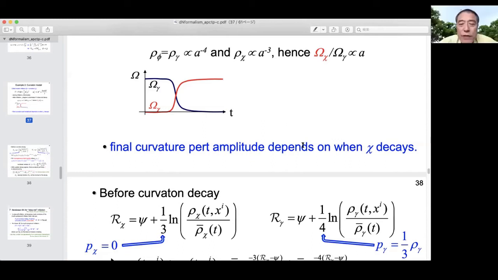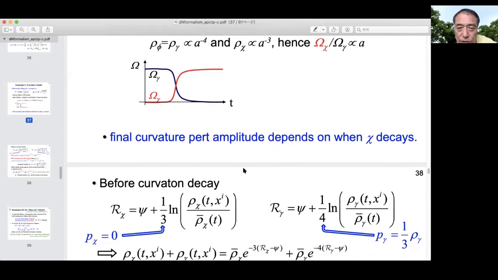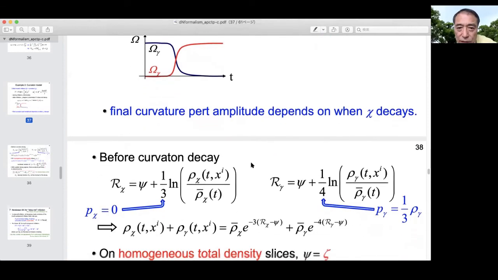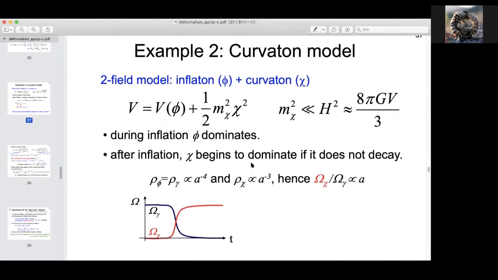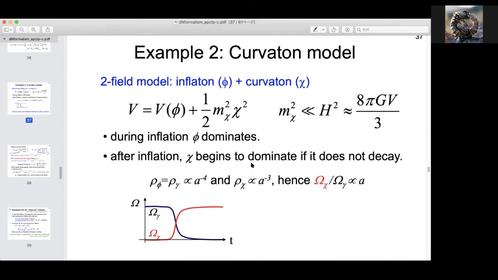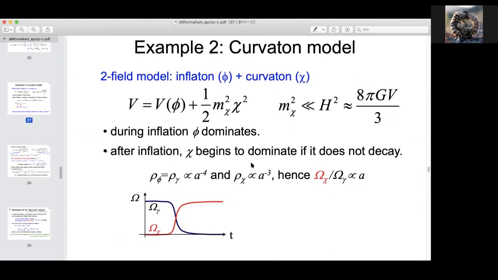Sorry, what kind of situation do you want to consider again? I mean, can I use this delta N formalism to calculate the perturbation of some scalar field phi during radiation or matter domination, where phi is subdominant? Wait, why must it be subdominant again?